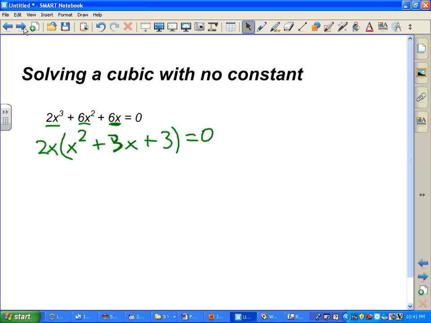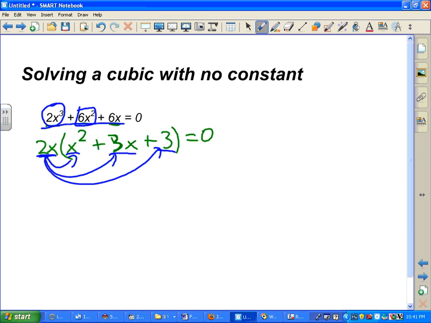Because if I distribute 2x back through, I should end up with the same thing I started with up here. Well, 2x times x squared is 2x cubed, so we're good there. 2x times 3x is 6x squared, and 2x times 3 is 6x, so we're in good shape there. Now, this leaves me with, and I'll rewrite it, 2x times x squared plus 3x plus 3.